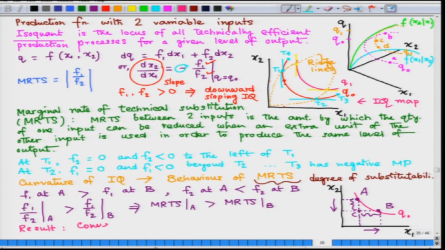Convexity of isoquants follows from the law of diminishing marginal product. So, we are going to continue with the discussion in the next lecture.